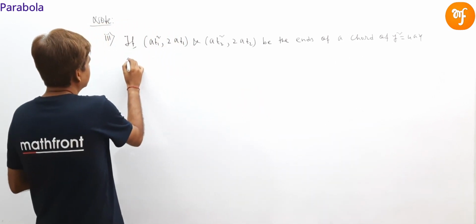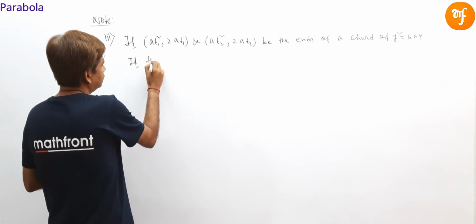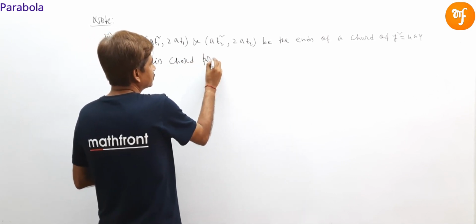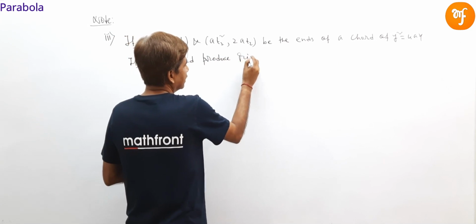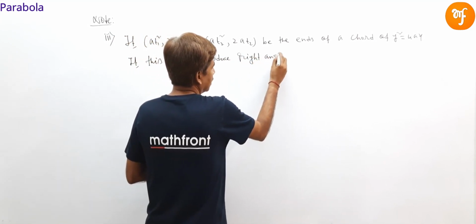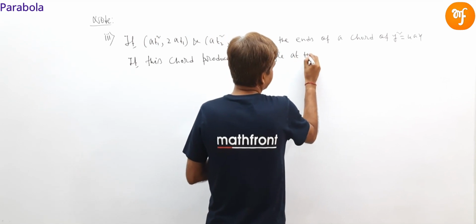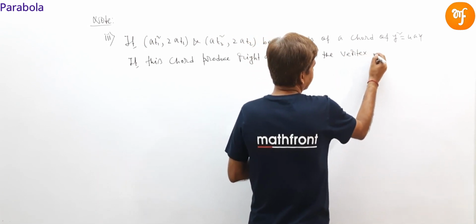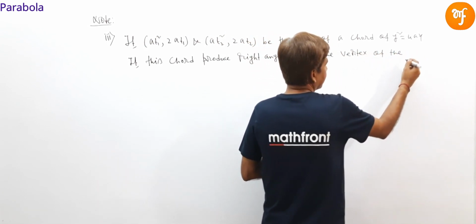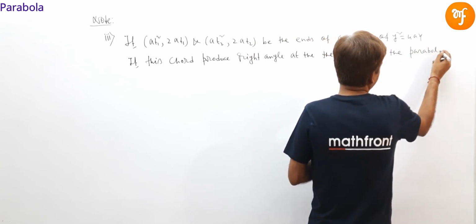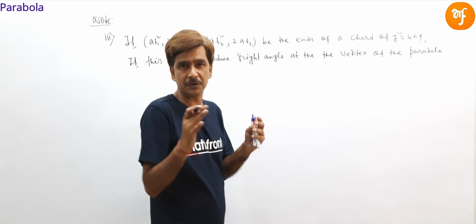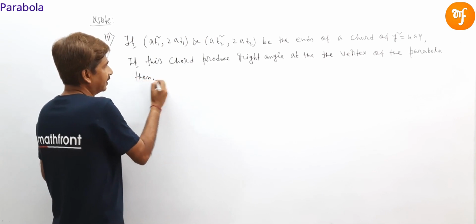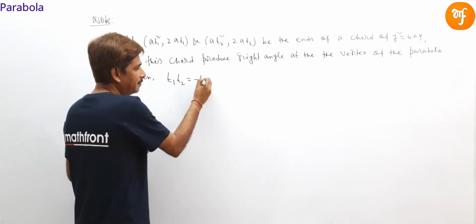So if this chord produces a right angle at the vertex of the parabola, then the value of t1 into t2 becomes minus 4.